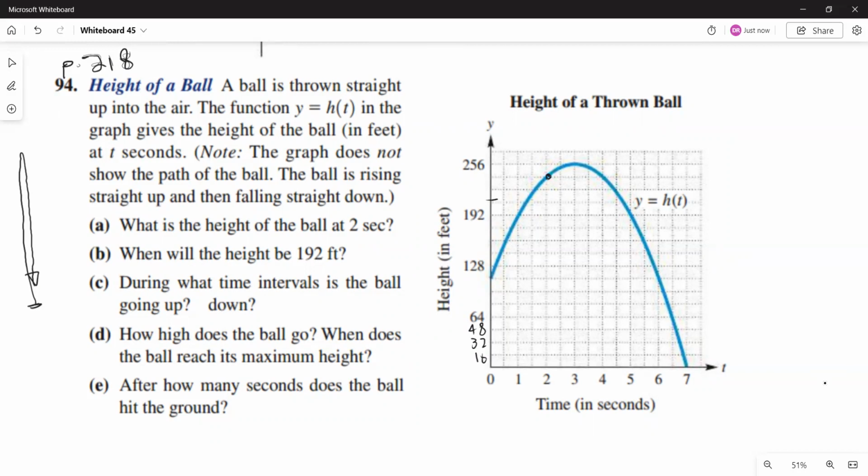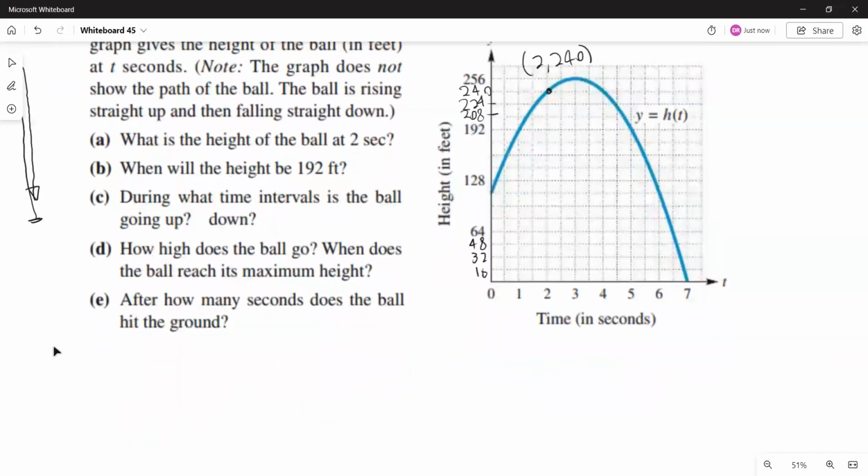So that's 192, 208, 224, and 240. So the graph passes through the point (2, 240). So the height of the ball at 2 seconds is 240 feet.